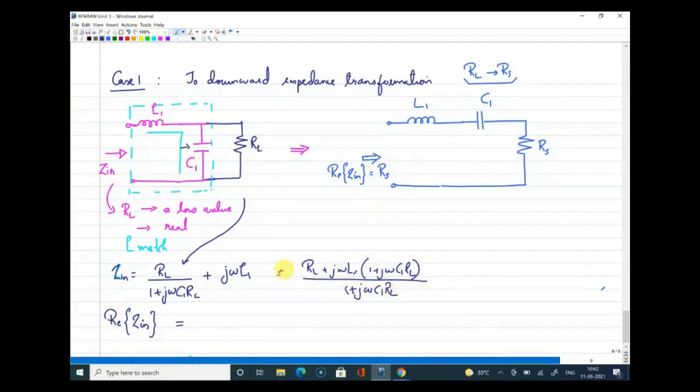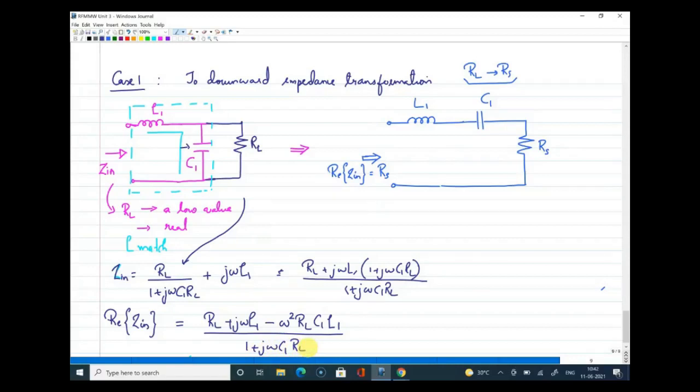Now I need to consider only the real part of the impedance. From the numerator, I'll get RL, and one more term. Let me write that fully: RL plus J omega L1 minus omega square RL C1 L1 in the numerator, and in the denominator I'll have 1 plus J omega C1 RL.